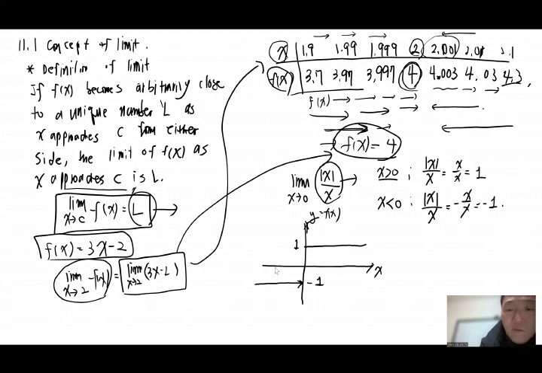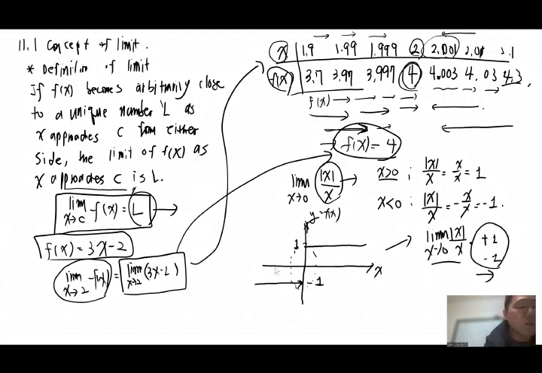So at x equals 0 the function is discontinuous. In this case, you would not be able to define the limit, because depending on which direction you're looking from, the function absolute x over x becomes positive 1 or negative 1. So there's no way to define the value of the limit.